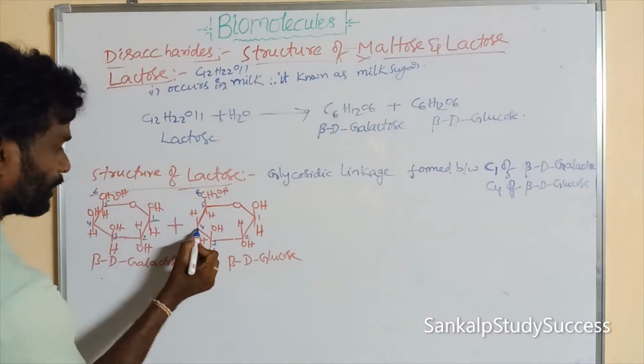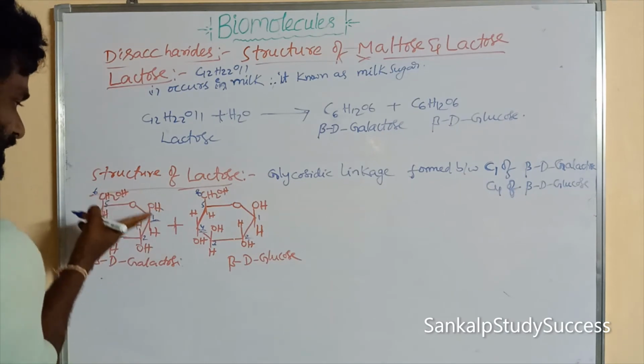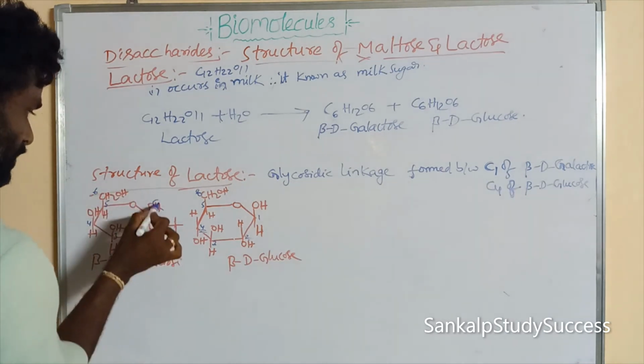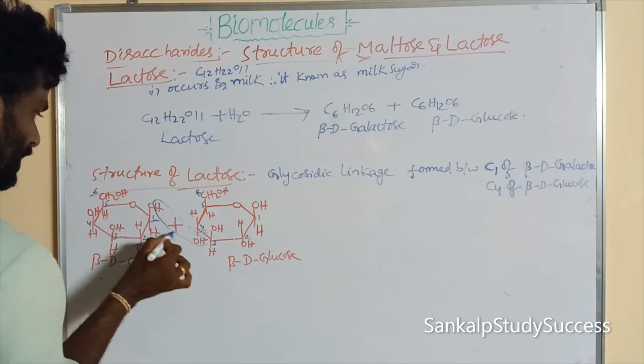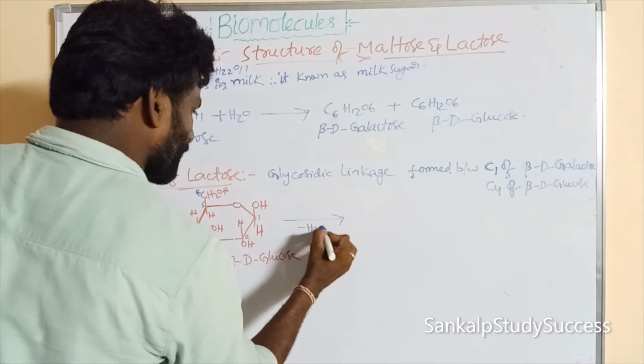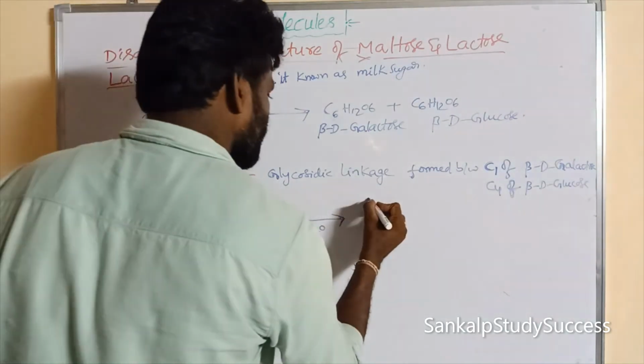The glycosidic linkage is always obtained between OH groups, so the H and OH can be removed by loss of a water molecule. What is the remaining structure?